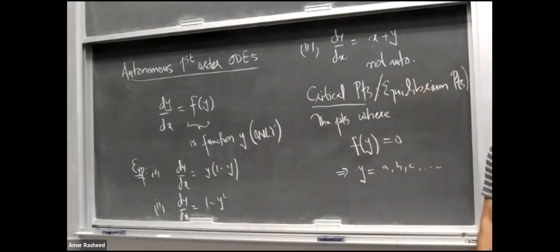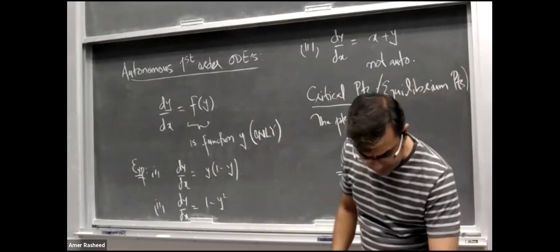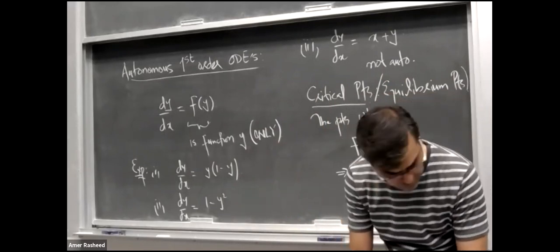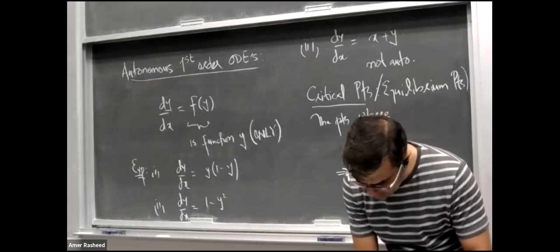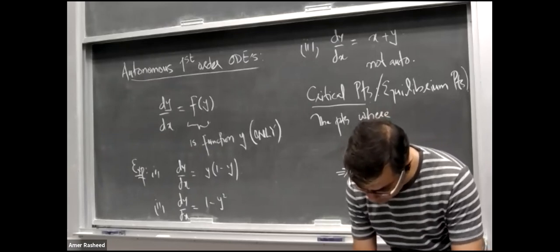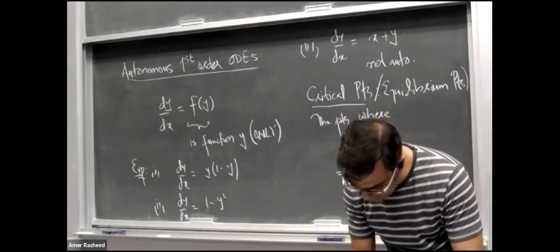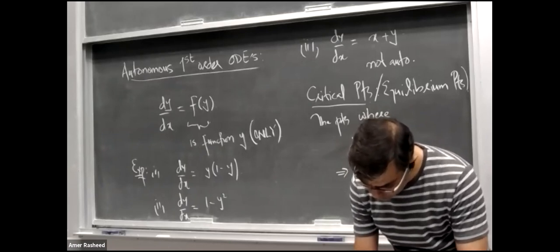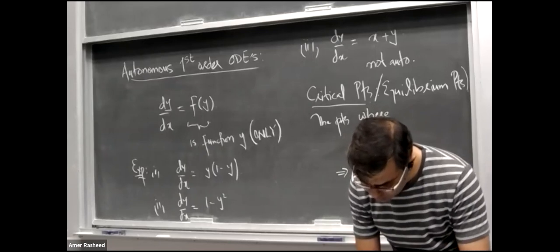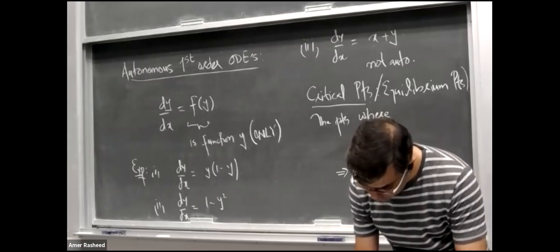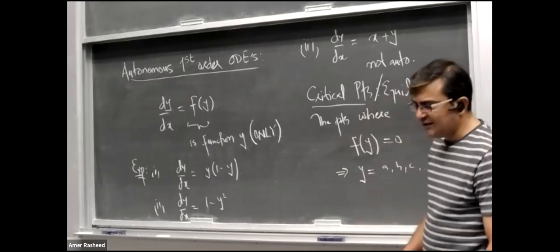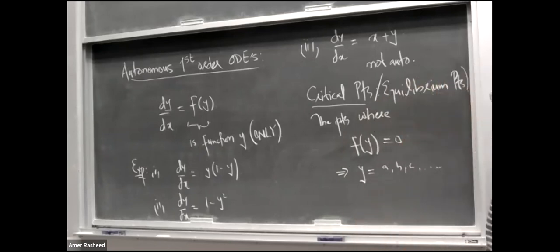Equilibrium points or singular points, maybe. I don't know, we call them singular points. Let me check it. I don't remember it. Stationary points, not singular points, stationary points. We call them stationary points.